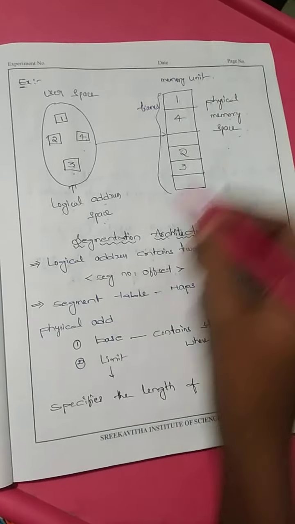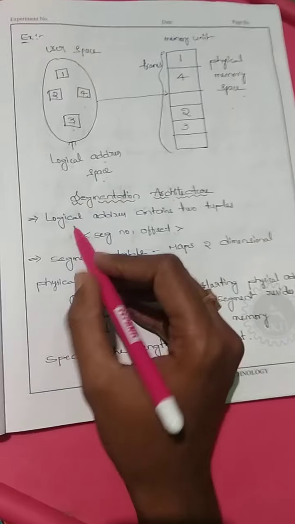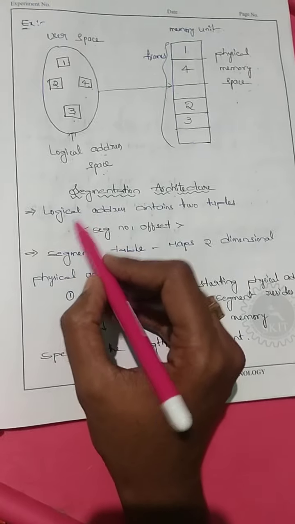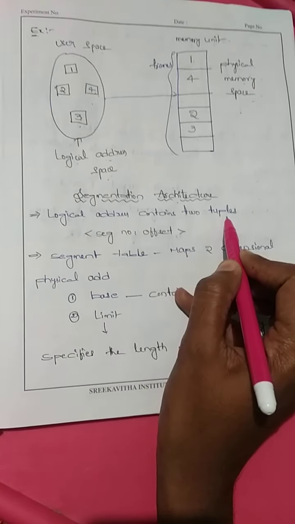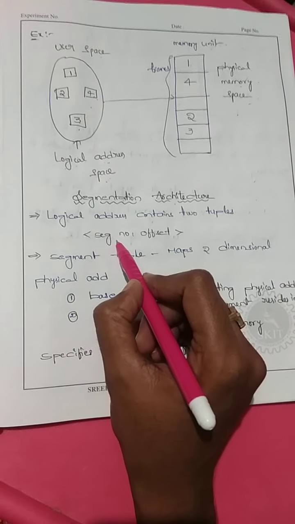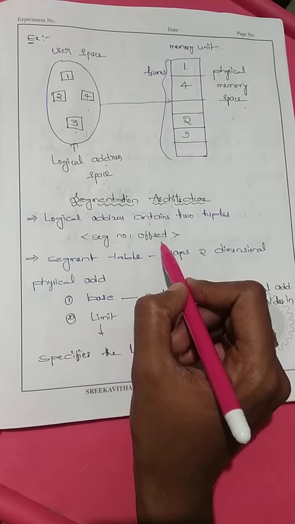Now we will see the segmentation architecture. In the segmentation architecture, the logical address contains 2 tuples: one is the segment name or number, and the second is the segment offset.